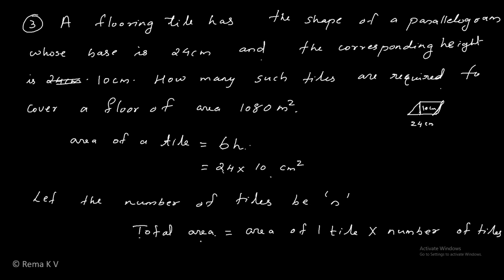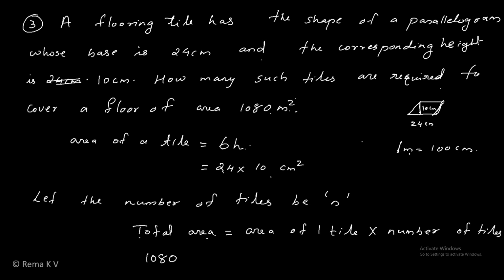Okay, so total area is given as 1080 meter square. So we can substitute the value here, 1080. This is in meter square. To change 1 meter to centimeter, we have to multiply with 100. Okay, 1 meter is equal to 100 centimeter. Meter square means meter into meter.